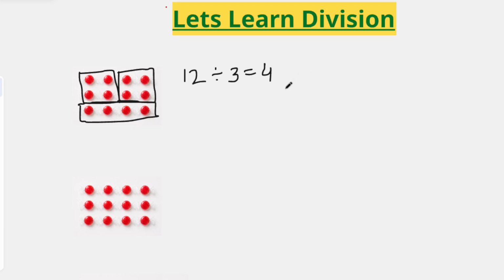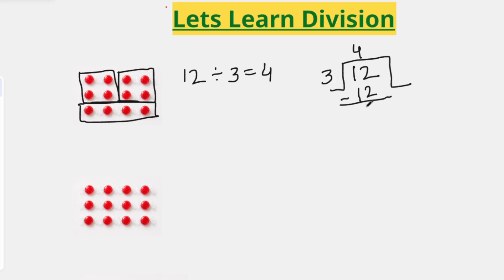Now let's try and do the same in a long division method. How do we represent it mathematically? So 12 is the number that we will divide, and we will divide it by 3 because we have to distribute 12 candies among 3 children. So 3 fours are 12.